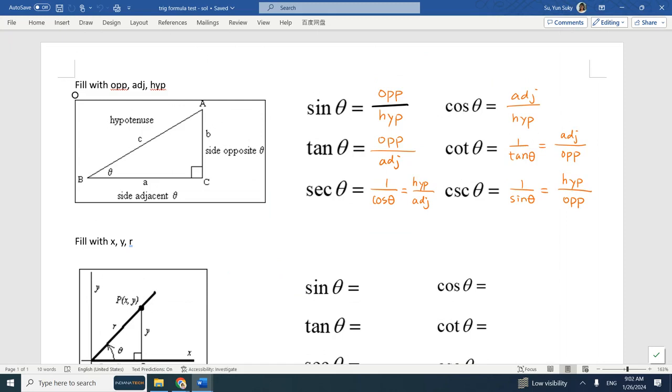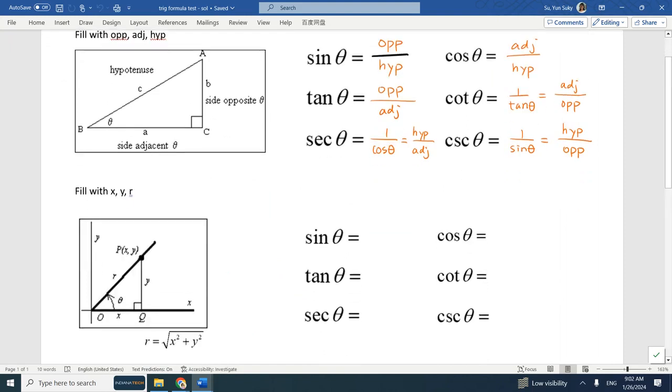CAH: cosine is adjacent over hypotenuse. TOA: tangent is opposite over adjacent. So practice this many times, okay?